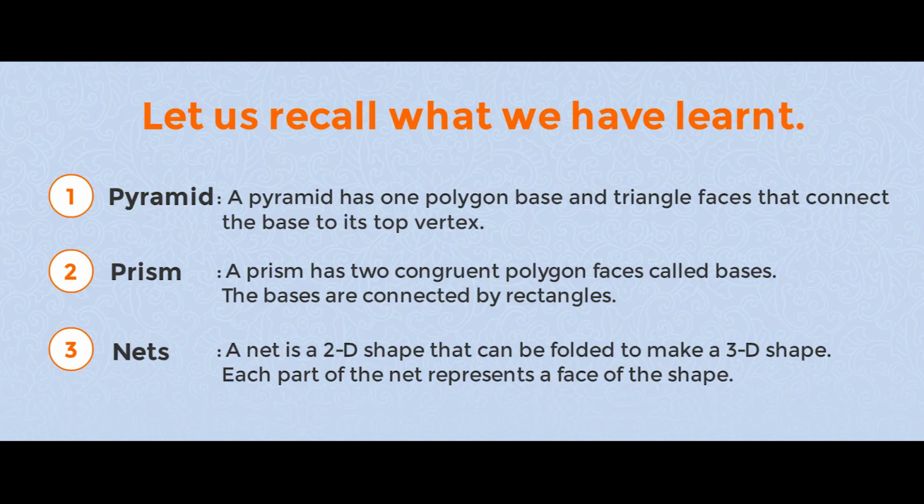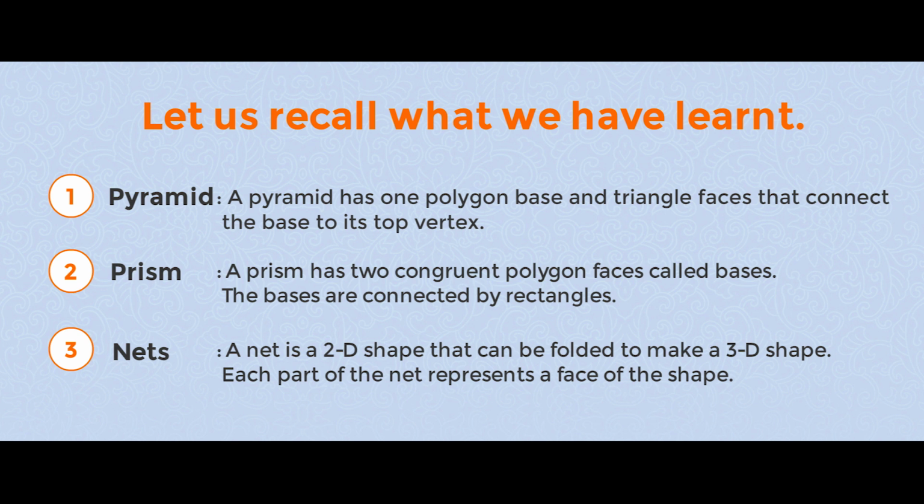Let's recall what we have learned in this lesson. At first, we have learned about pyramid. A pyramid has one polygon base and triangle faces that connect the base to its top vertex. Second, we have learned about prism. A prism has two congruent polygon faces called bases.